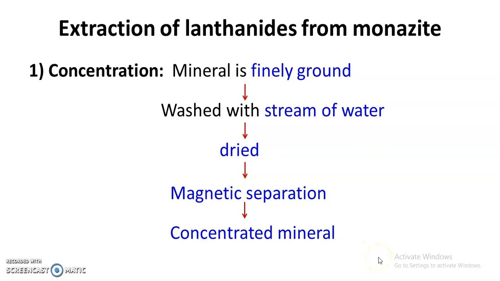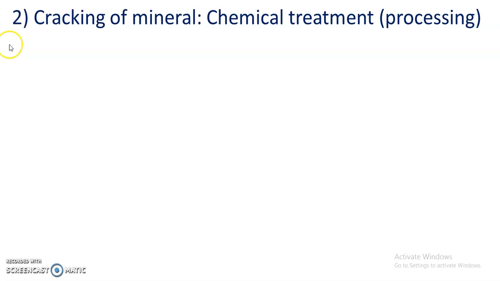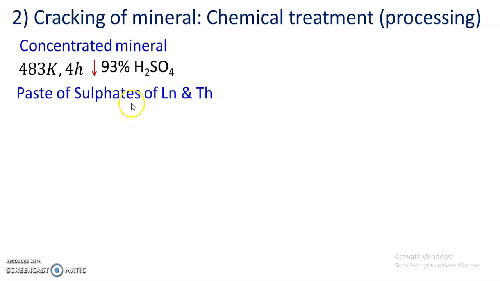So in this way, once the mineral is concentrated, the next step is cracking of the mineral or chemical treatment, also called processing. The main steps of processing are, first of all, the concentrated mineral is heated with 93% sulfuric acid for 4 hours, and the temperature maintained is 483 Kelvin.